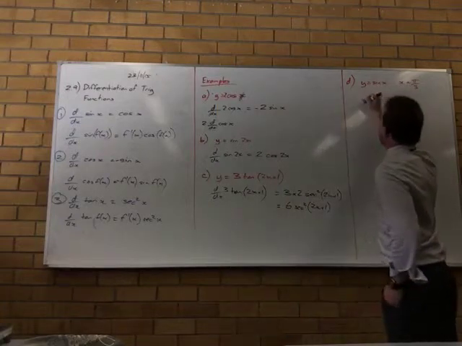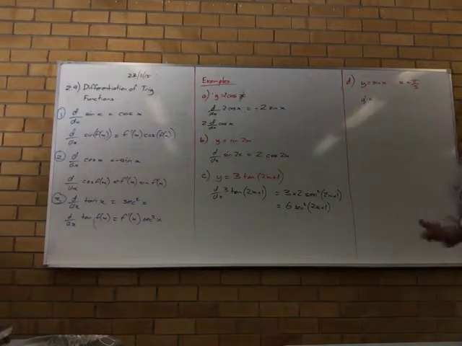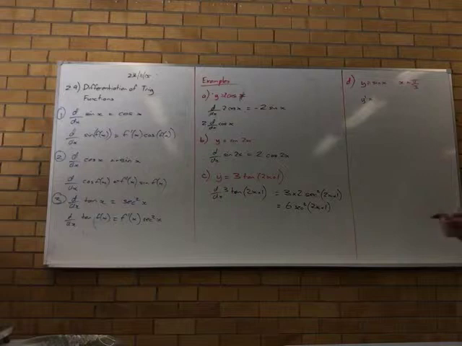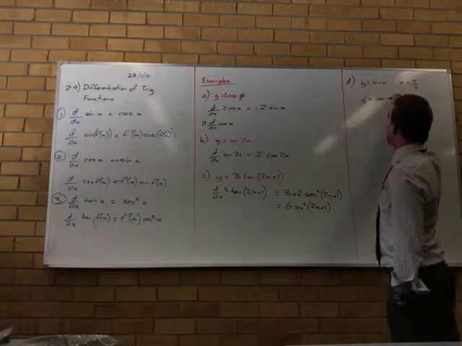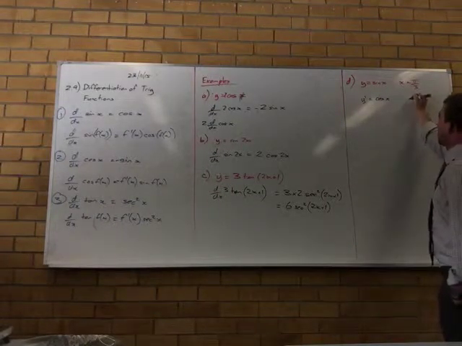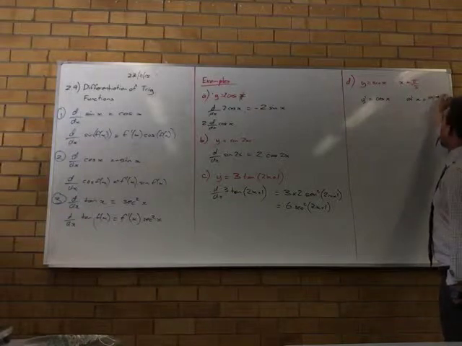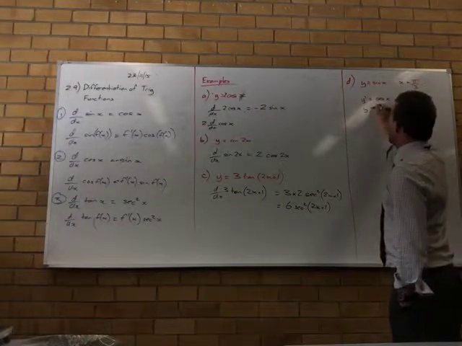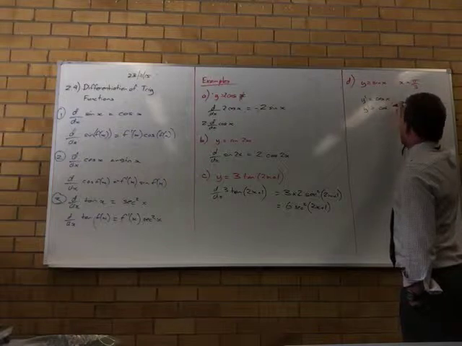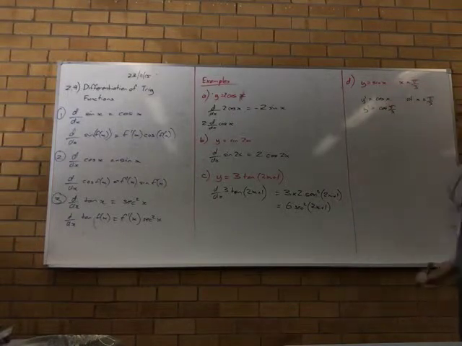So y dash, when you differentiate sine, you get cos. So at x is pi on 3, y dash is going to be cos of pi on 3.